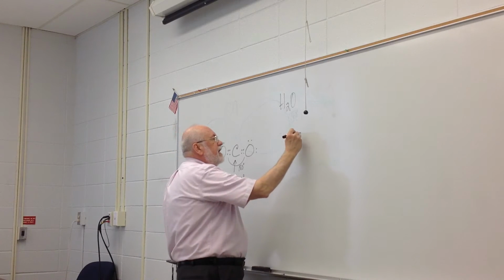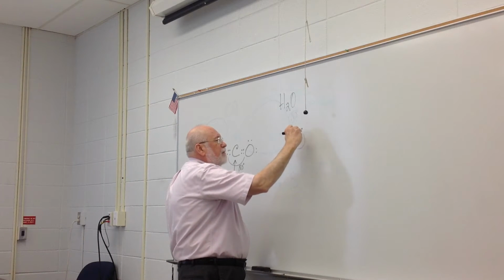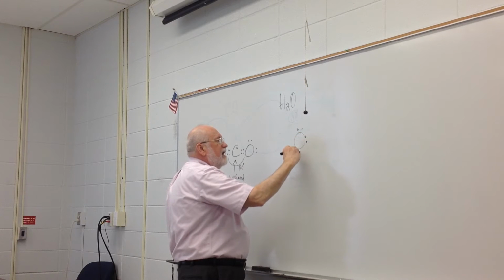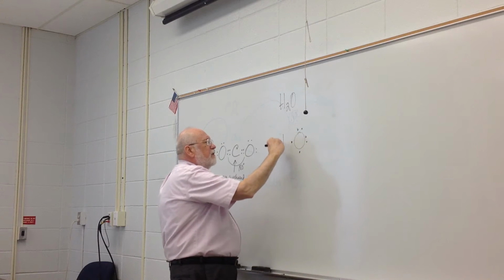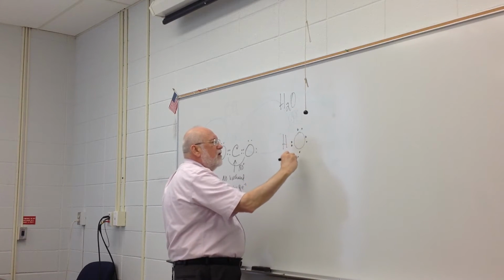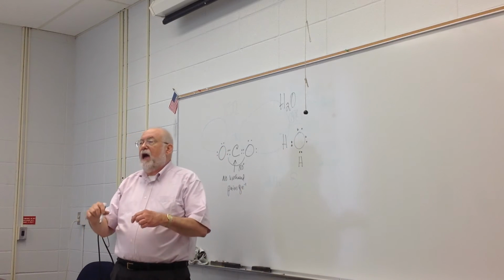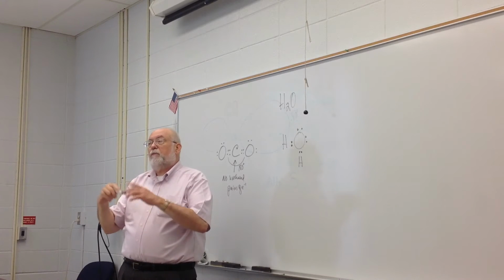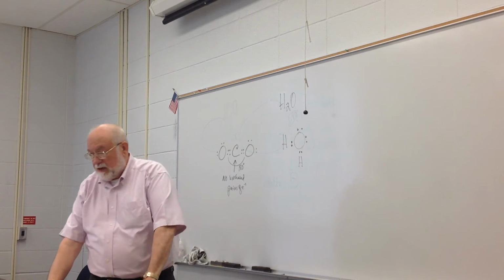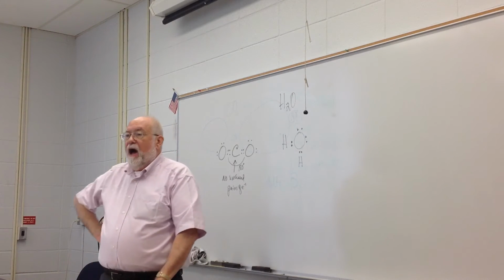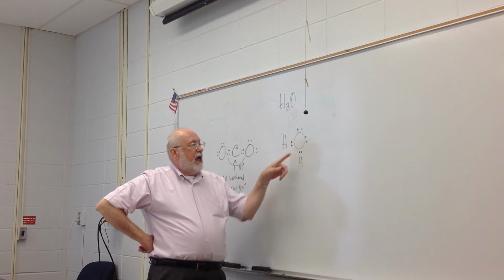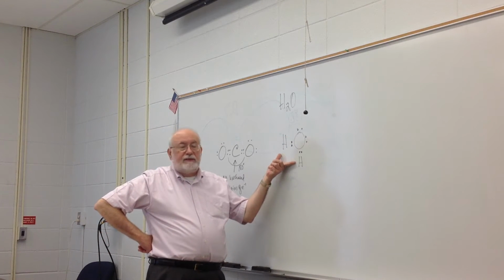In the center we have our oxygen, with its 6 valence electrons. And then we're going to stick a hydrogen here, and a hydrogen here. Now, if we go back and apply our molecular shape rules that we learned the last time, what have we got? We've got a 3-atom molecule with 2 different elements.